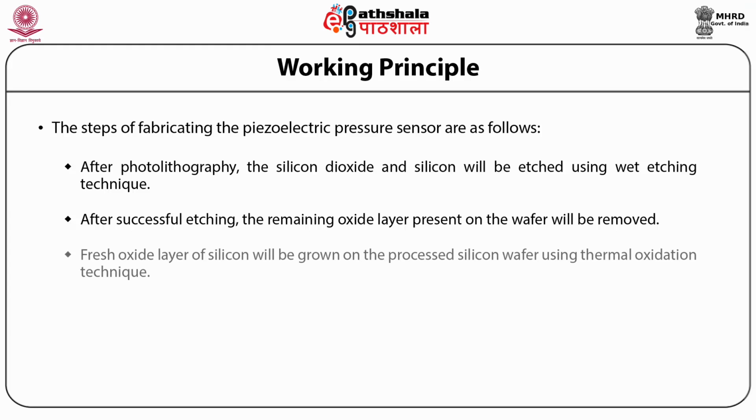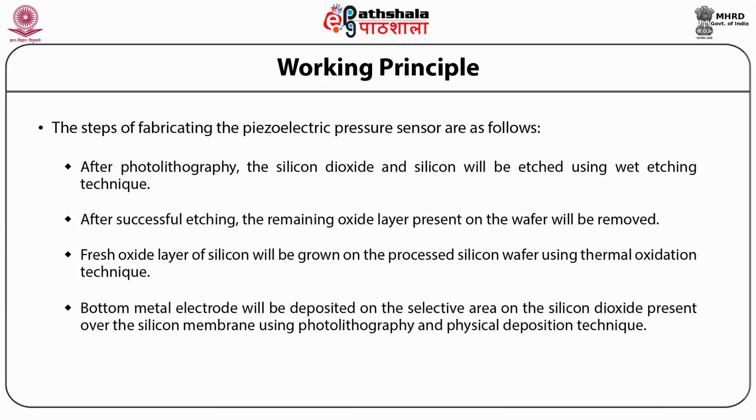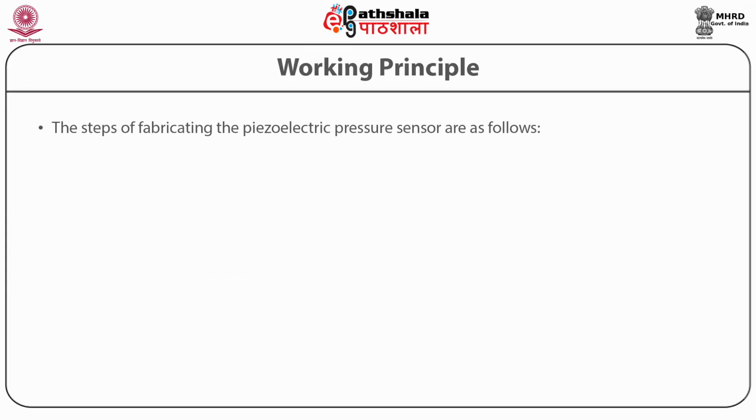Later on, a fresh oxide layer will be grown on the processed silicon wafer using the thermal oxidation technique, and the bottom metal electrode will be deposited on the selective area of the silicon dioxide having the silicon membrane, which is fabricated using photolithography and the physical deposition technique.